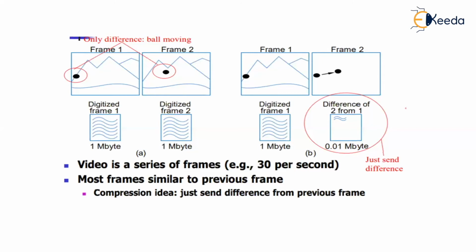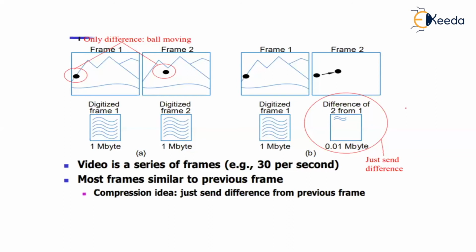Now this difference will be added with the digitized frame 1, which is 1 megabit. So 1 megabyte plus 0.001 megabyte, which is so small when compared with 2 megabit of information. So calculate the difference between the two pixels, sum it with our original frame, and pass it. Usually most frames are similar to the previous frame.